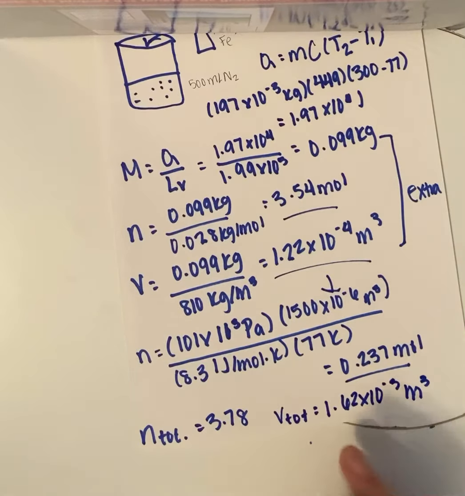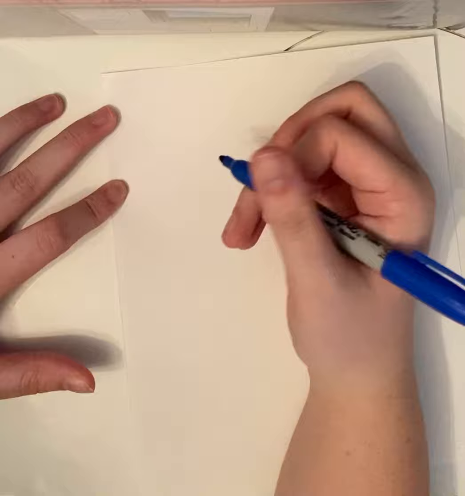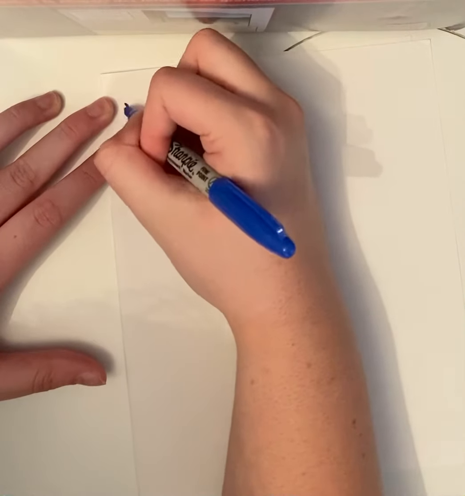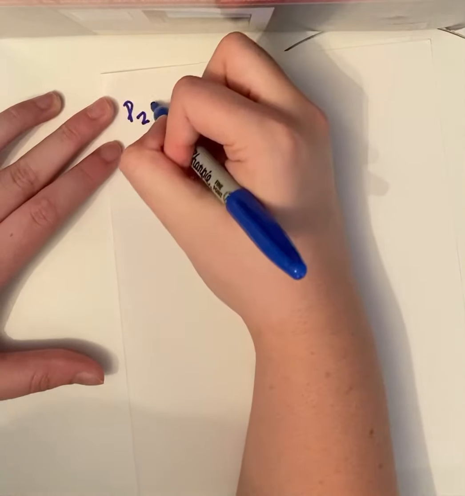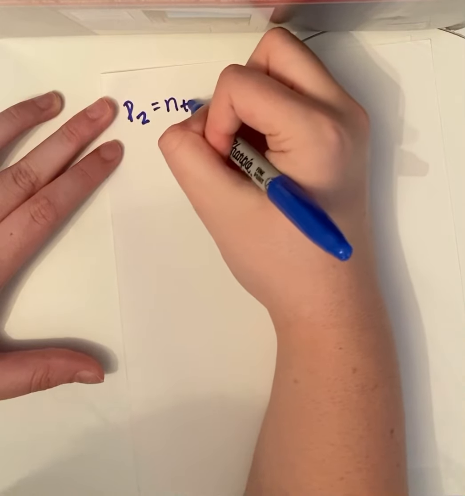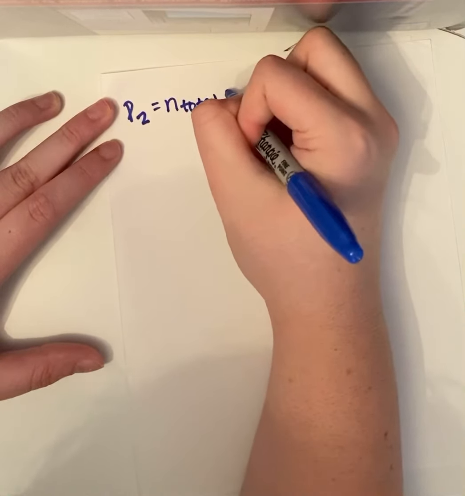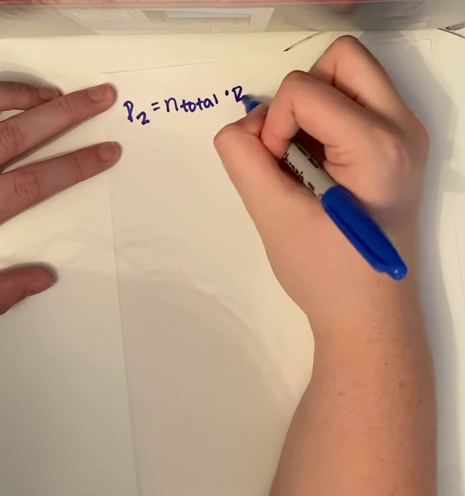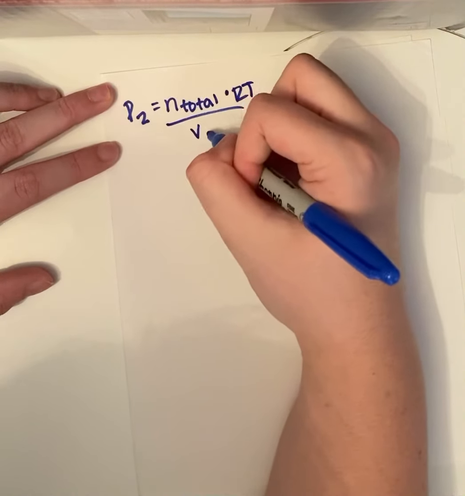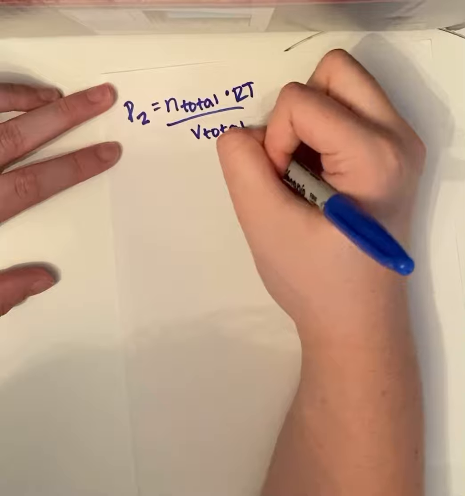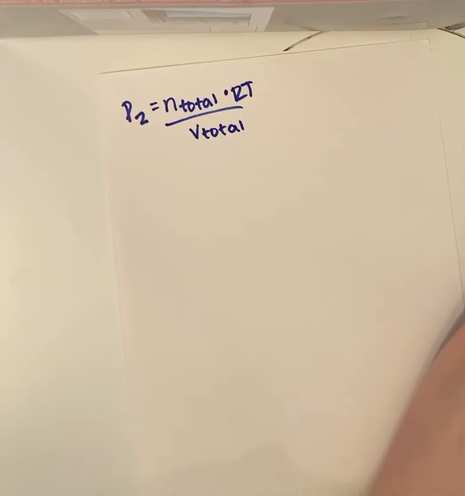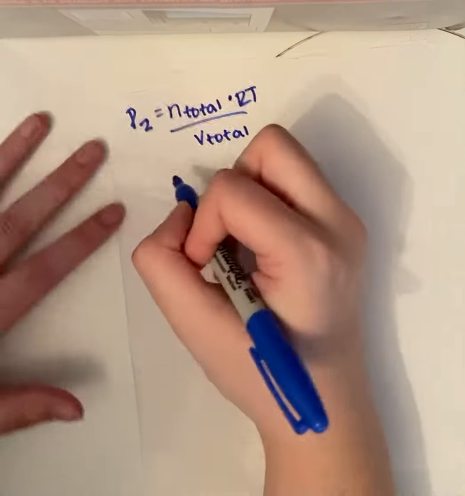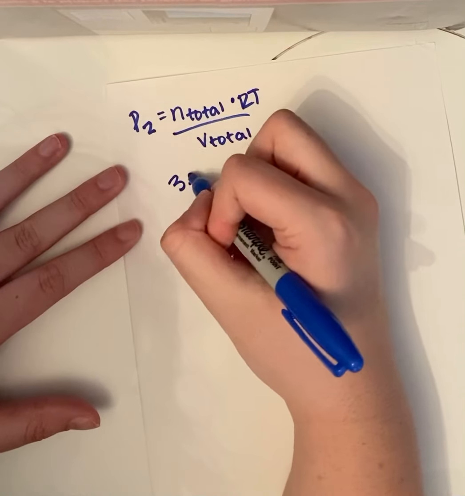Now finally, to find the pressure inside of the thermos, we're going to use the ideal gas law. So we want to find pressure 2, and in order to do so, we're going to use the total moles times RT over the total volume. As you saw previously, total moles is 3.78.